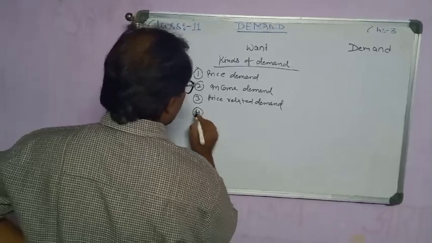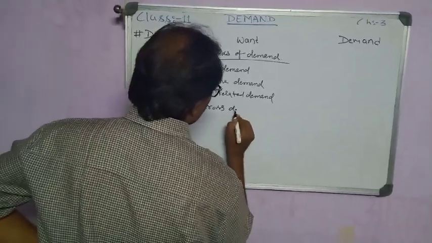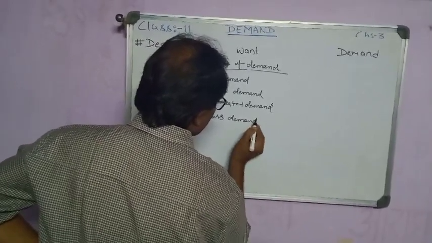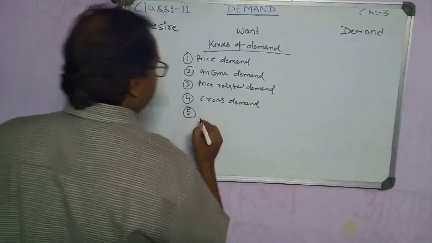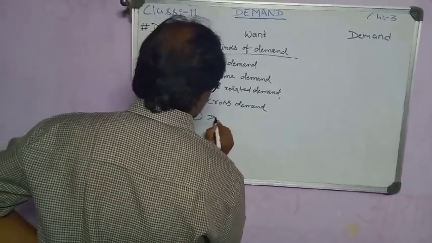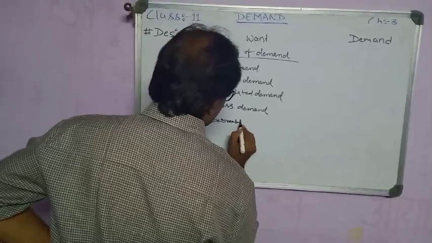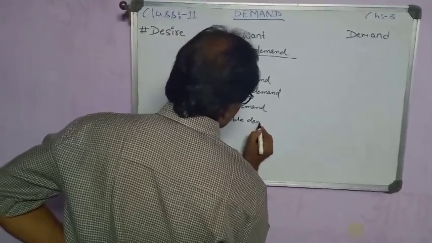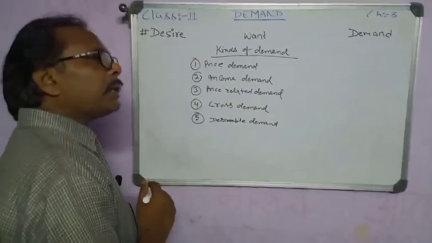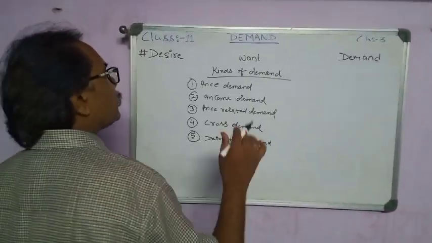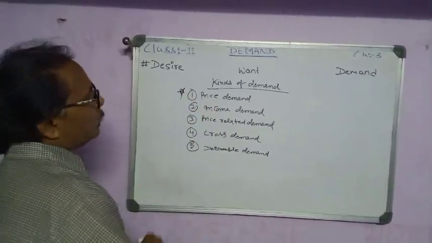Fourth is cross demand. Fifth is desirable demand. Is it clear? So in this way there are different kinds of demand. But in this chapter mostly we have to study about the price demand.